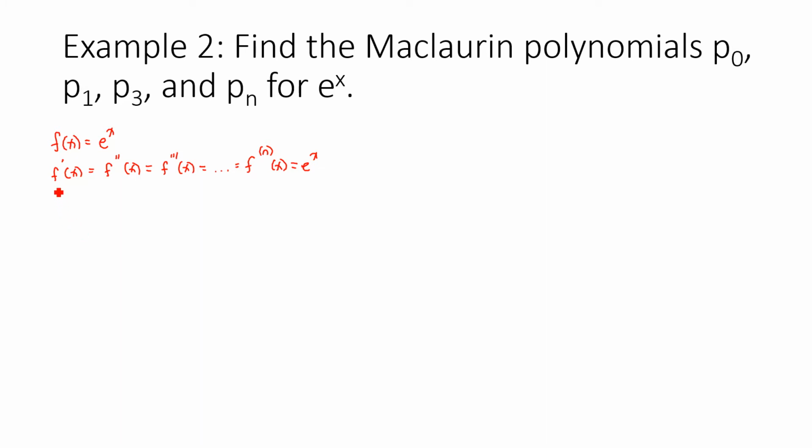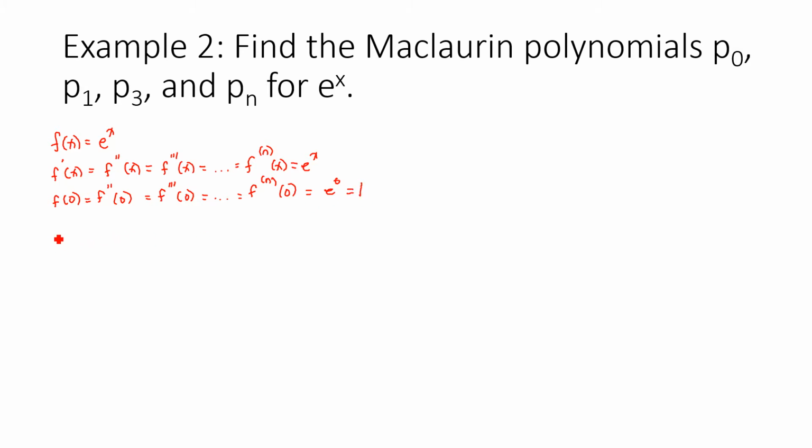And we could have our f of 0 is equal to the first derivative of f of 0, which is equal to the second and third derivatives of f of 0, which is again equal to the nth derivative of f of 0, which is equal to e raised to 0, which is equal to 1.